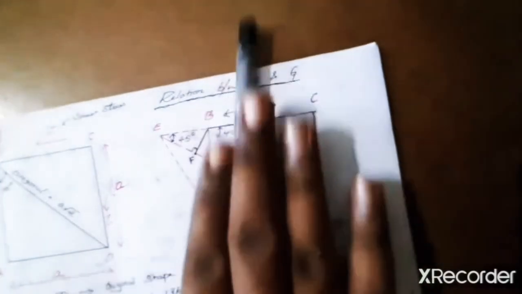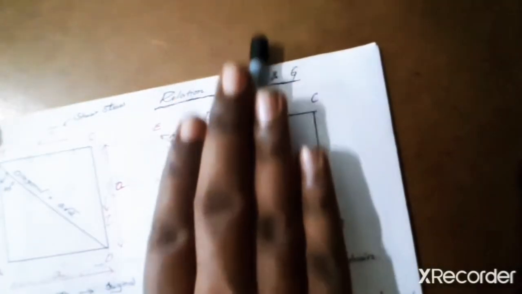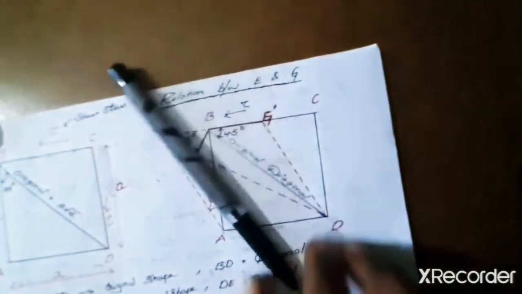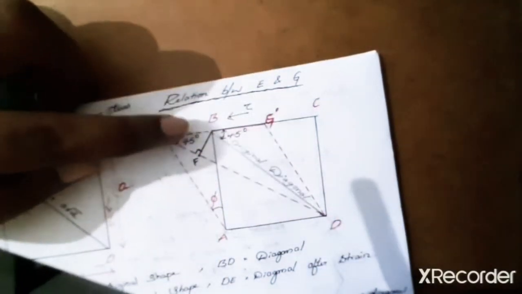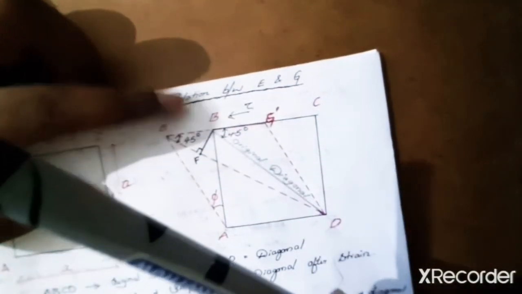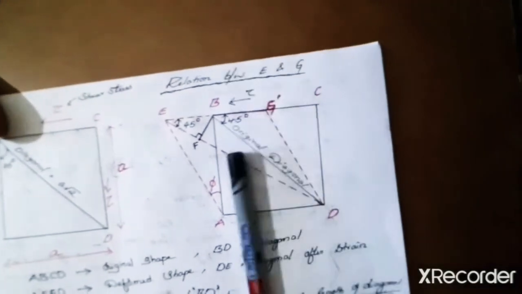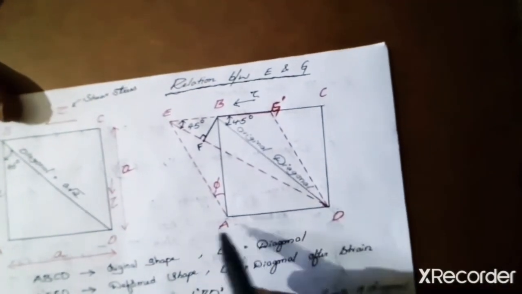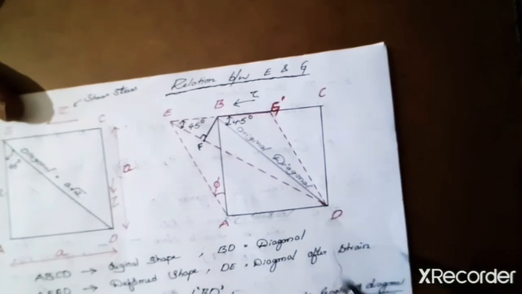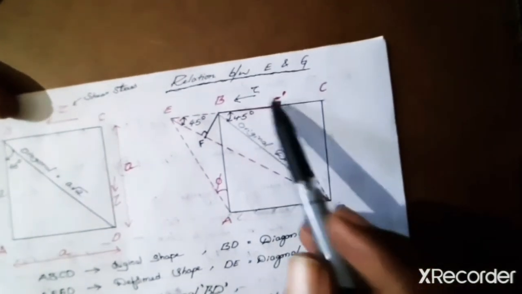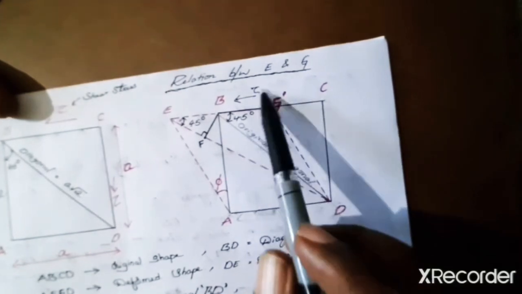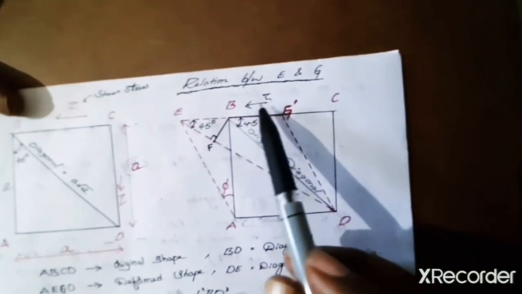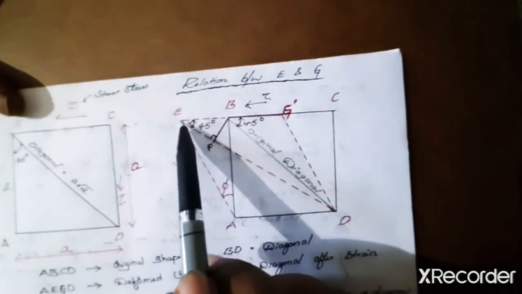If I apply a shear force, it moves because the friction between the body and the ground surface is very minimal. But let us take that AD is fixed at the bottom. So if you try to push it by applying a shear stress over the top BC, the body is going to deform.